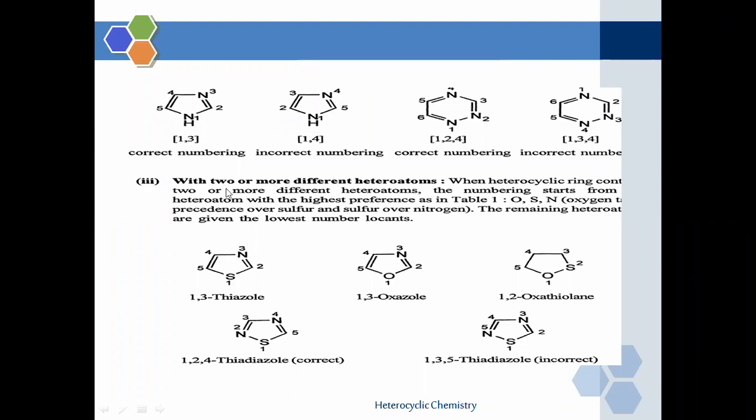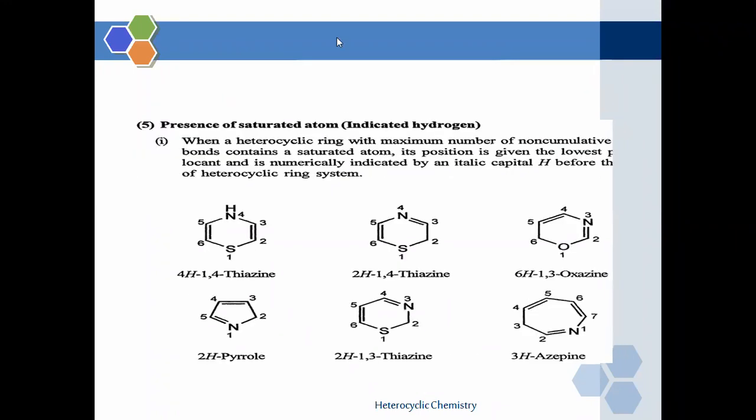Then with two or more different heteroatoms, we have to assign the preference order. The more preferred element is assigned the lowest possible number. Now, the presence of saturation.